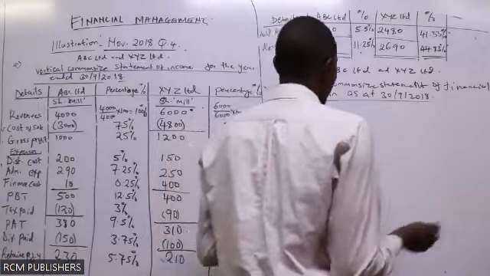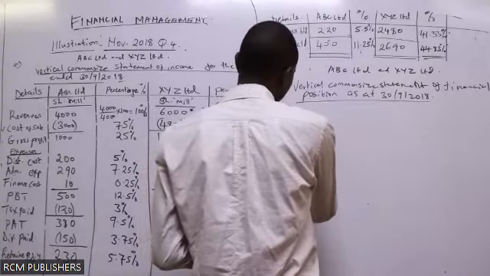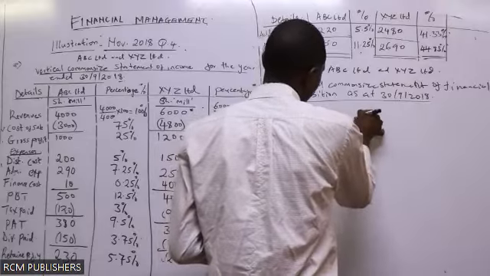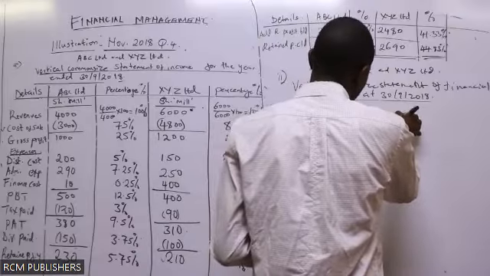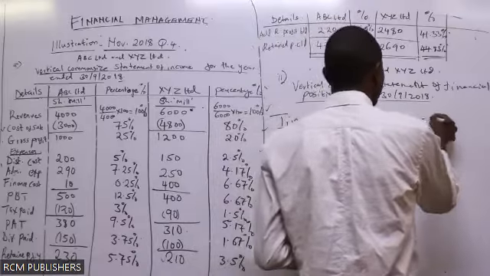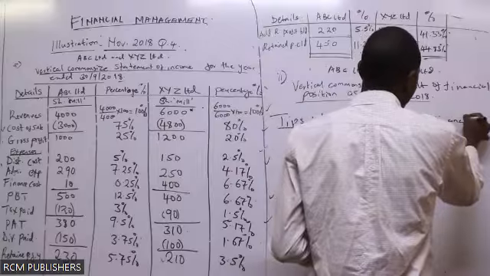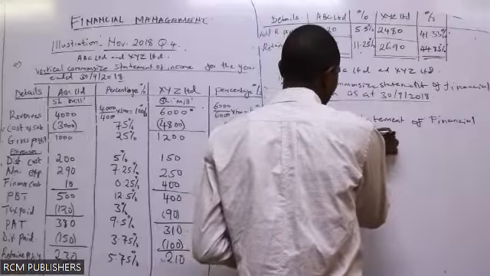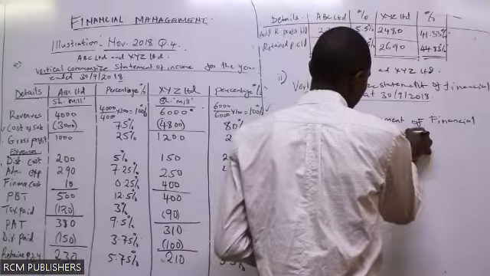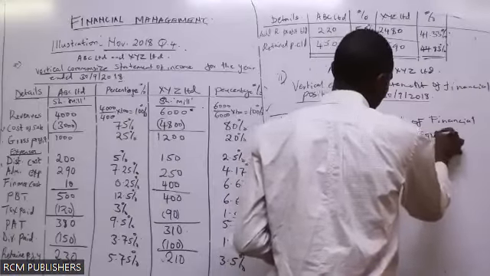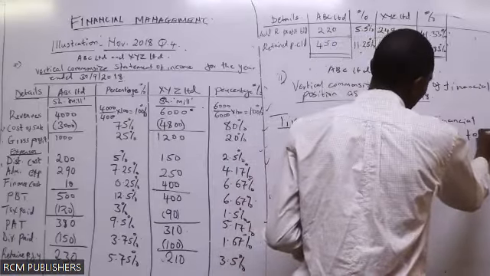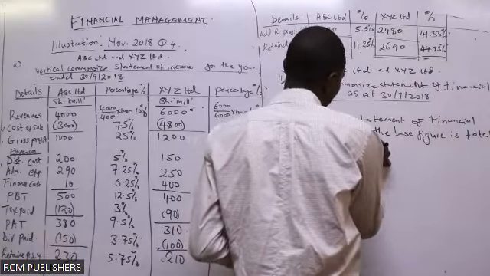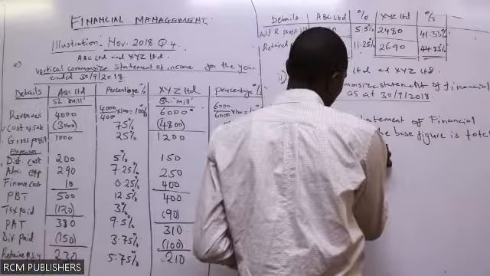And then the tips down here, tips under statement of financial position. The base figure is total assets.